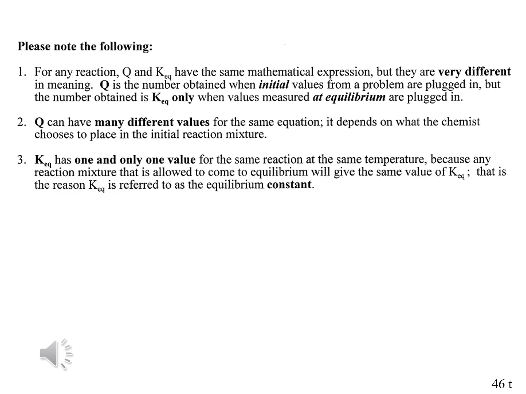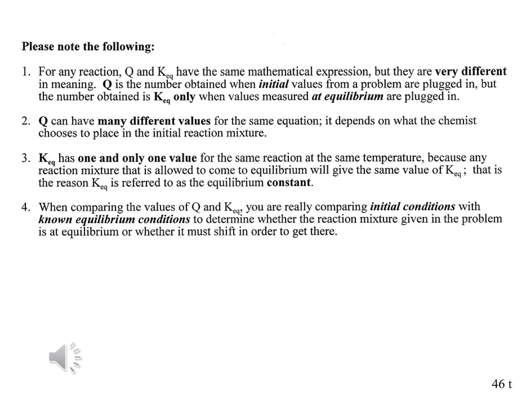On the other hand, no matter what concentrations you start with, you can have many Qs, but at the end, when you reach equilibrium, if you plug the numbers in, KEQ has only one value. That's why it's called the equilibrium constant. So no matter what kind of a mixture you start with, there's only one KEQ for each reaction.